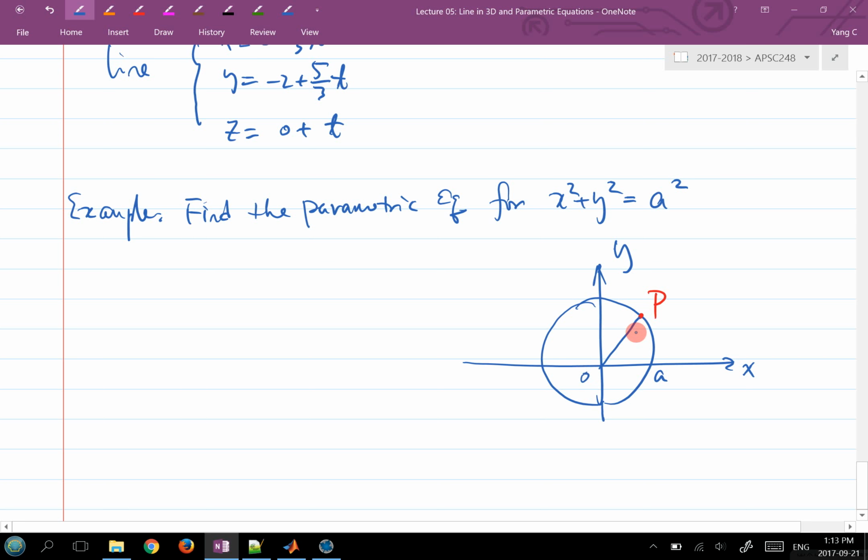I'm going to make some assumptions here, because if I think of a moving point P on a circle, there are different ways of describing the motion. Here's the first case.